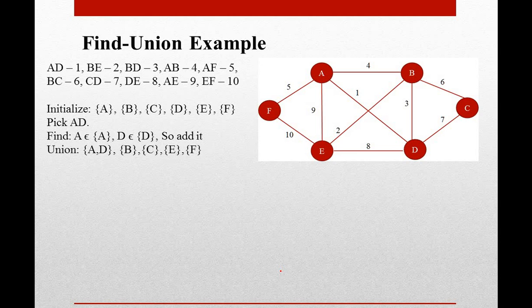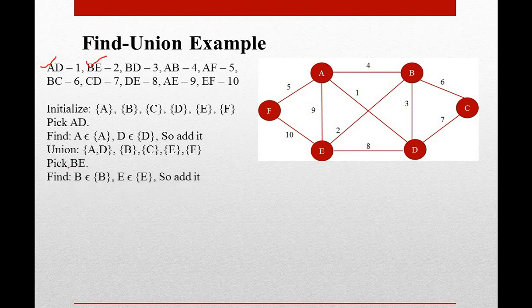And we union it. A and D are unioned, so you have AD, B, C, E, F. These are the 5 different sets now. Initially we had 6, now we have only 5. AD is done. Now let's pick BE.